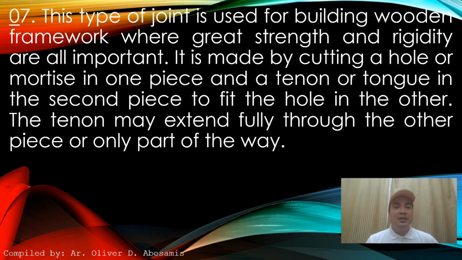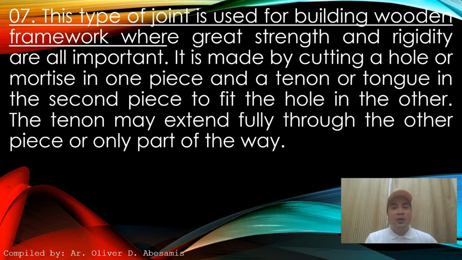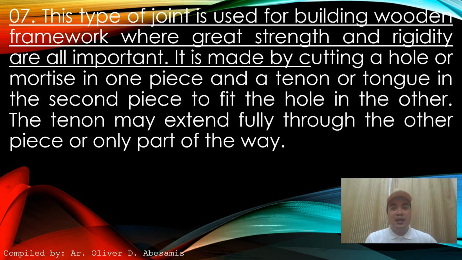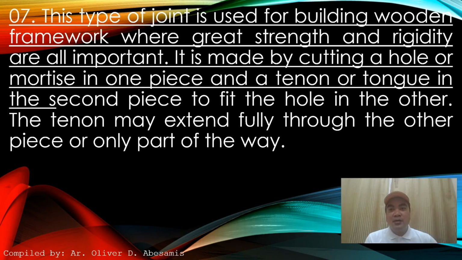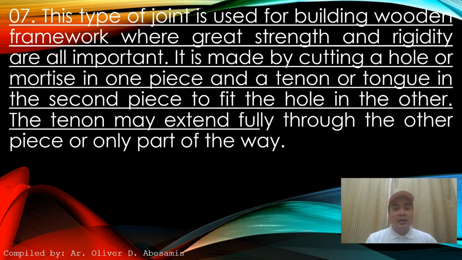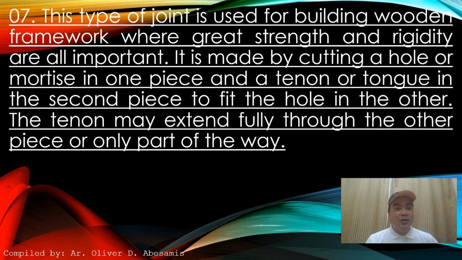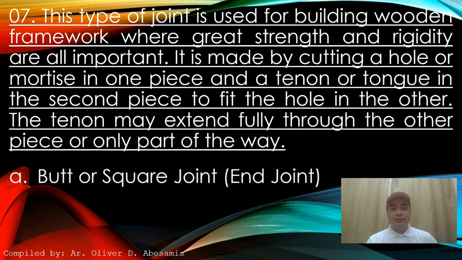Next, this type of joint is used for building wooden framework where great strength and rigidity are all important. It is made by cutting a hole or mortise in one piece and a tenon in the second piece to fit the hole in the other. The tenon may extend fully to the other piece or only part of the way.